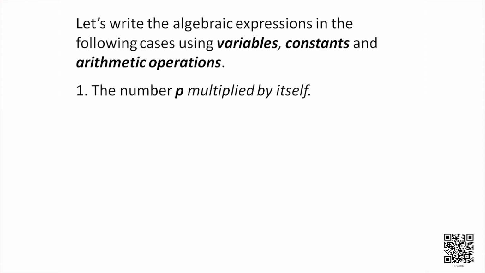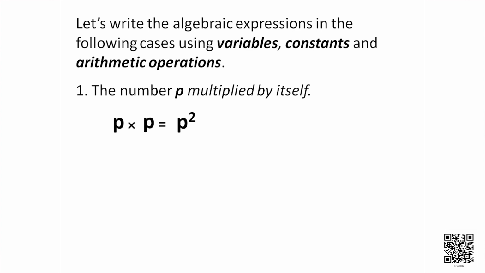So the number p multiplied by itself. So we will write an expression for it. So I have taken this p and then multiplied by itself. So it becomes p to the power 2, or we can read it as p square.